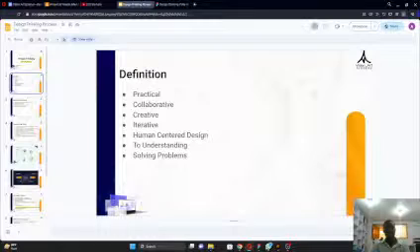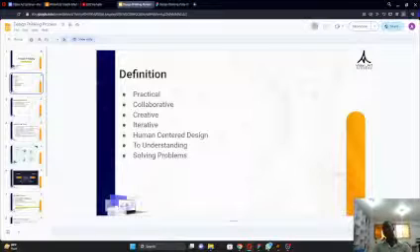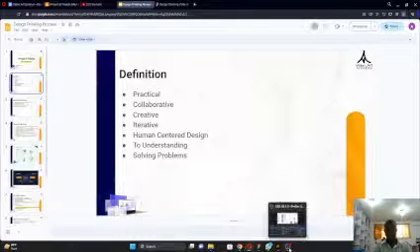And iterative is not straightforward, you have to go back and forth to ensure that everything is aligned and working well, so that you come up with the best solution. And human-centered design is an approach to solving problems by understanding users, their needs, habits, frustrations, and preferences. Now, that's the definition of design thinking process.